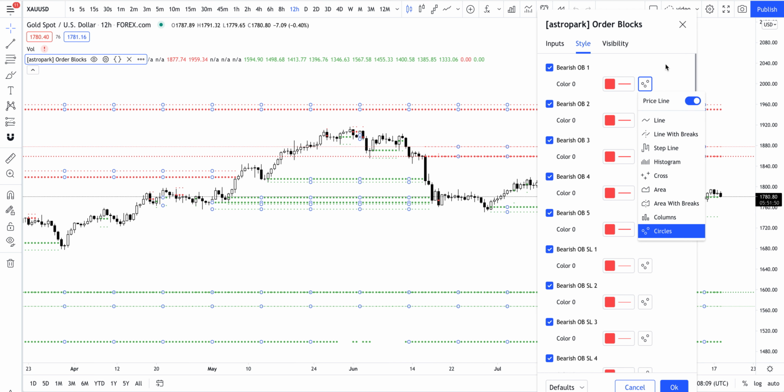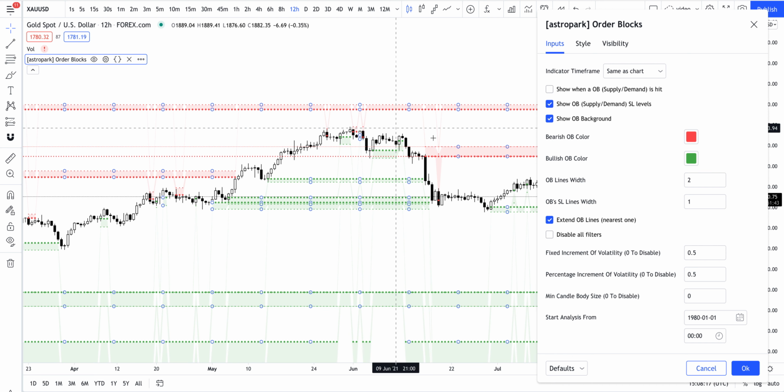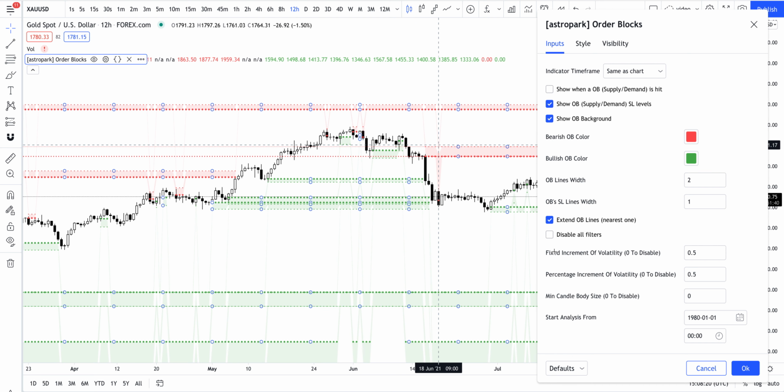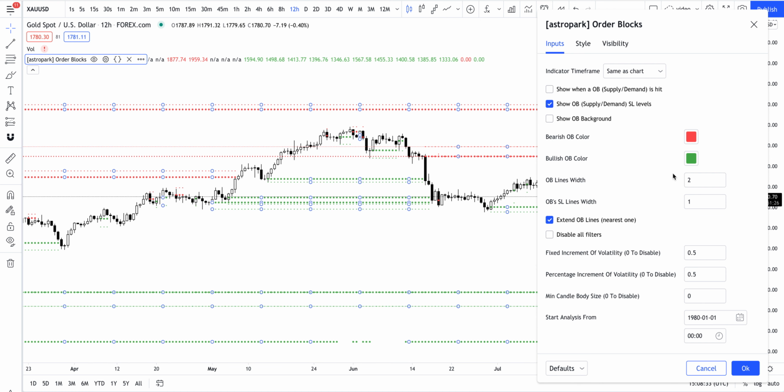But in my experience TradingView will not draw them really nicely. You can also show the background on the region. And if you enable the background, you understand why I don't use the lines, because you will see this kind of lines going up and down. It's a bit noisy, but if you like, you can have them.